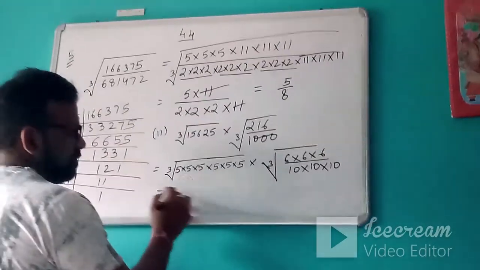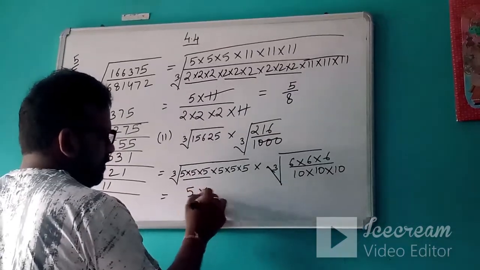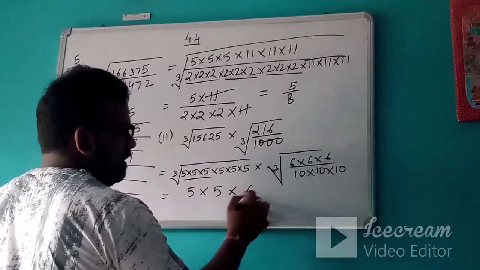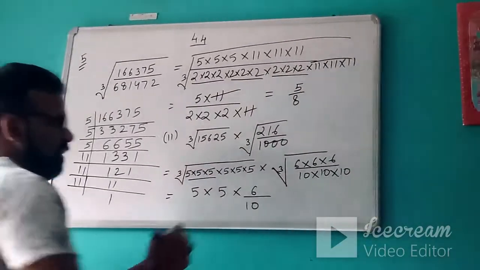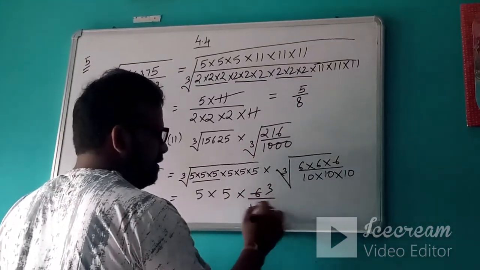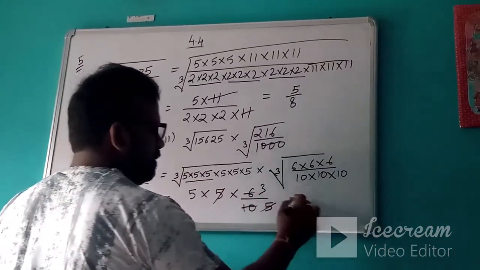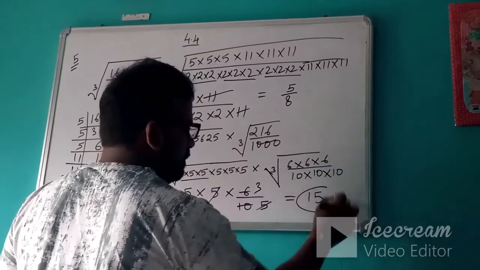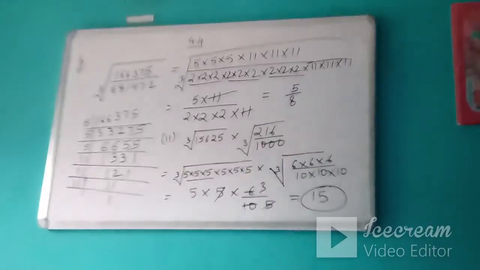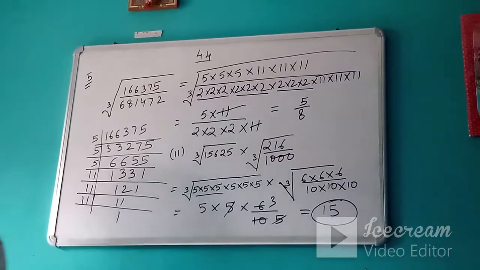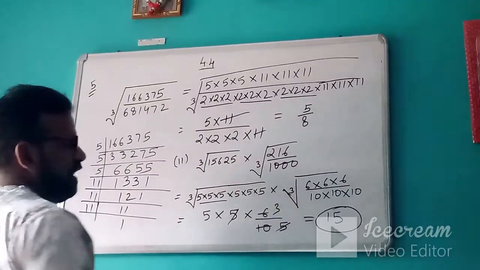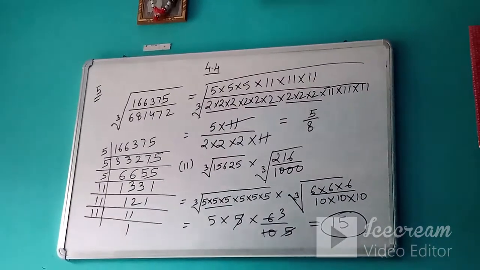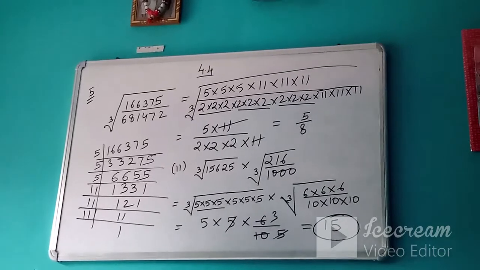Then 5 into 5, then 6 upon 10. This we will get. So let's do some simplification. In this manner you can find the cube root of rational numbers and evaluate the following expressions. So this is the end of your chapter, cube root. Next chapter we will discuss on Saturday.